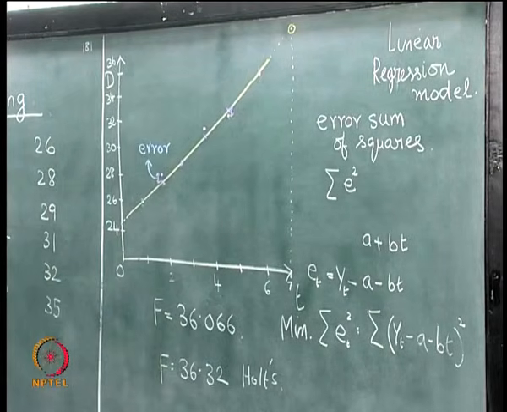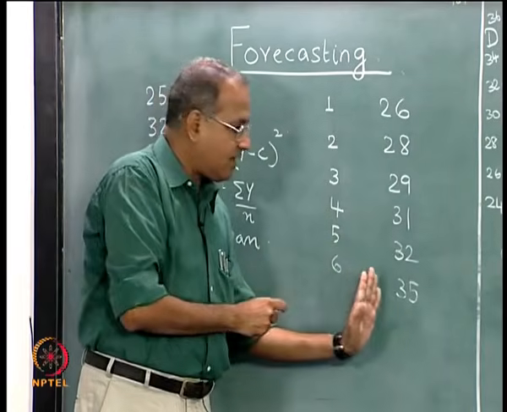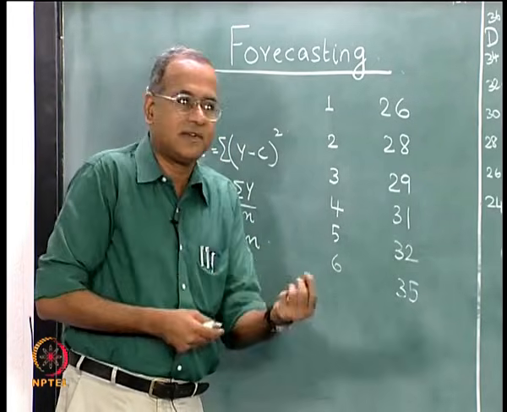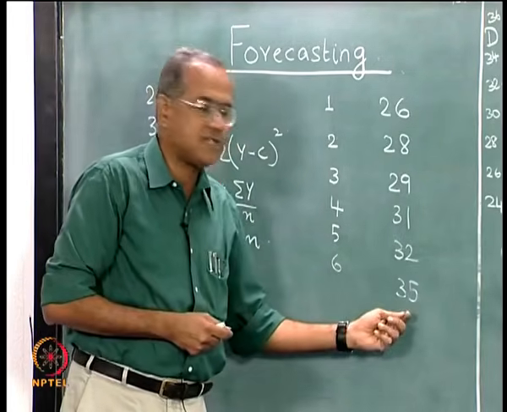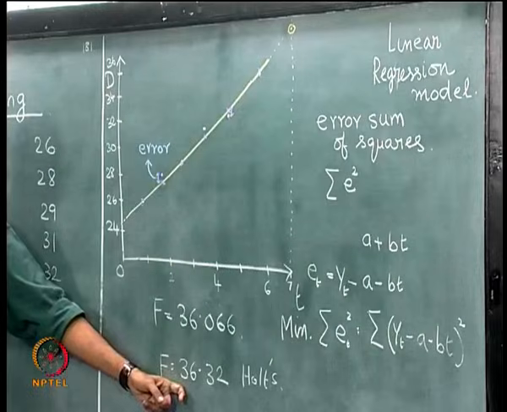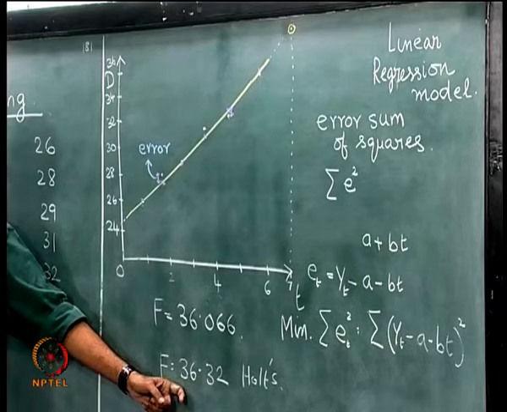Now, because we are giving higher weightage, the 35 which shows a larger increase is tending to pull it slightly towards this 35, and therefore, the value became slightly more than this.